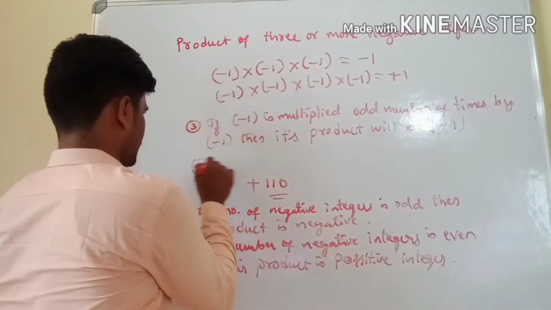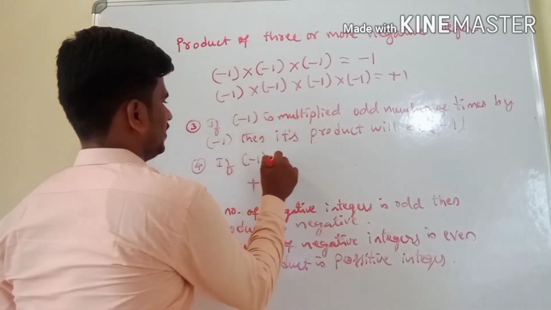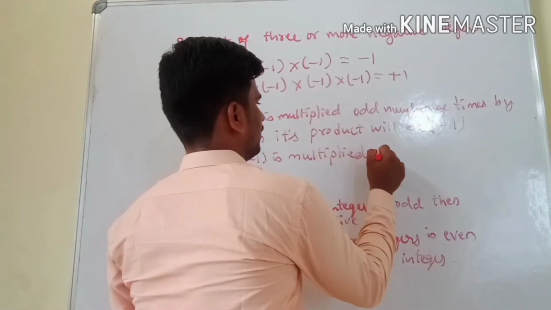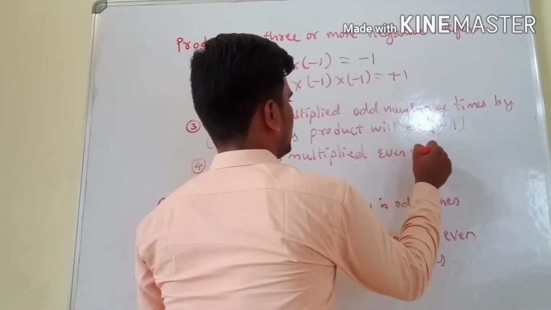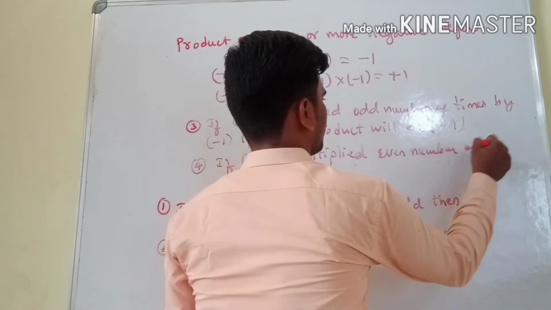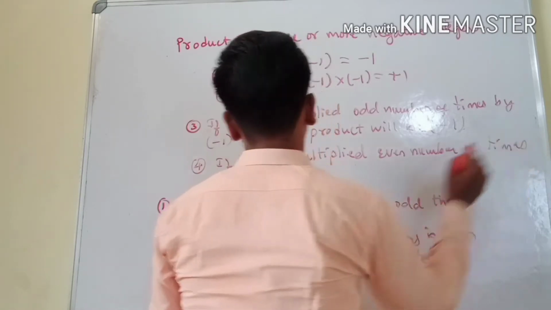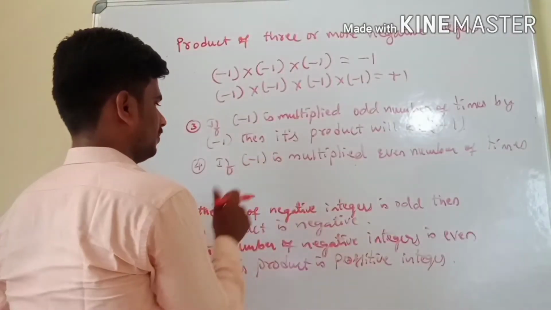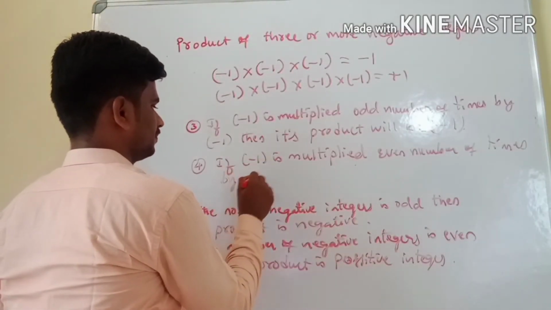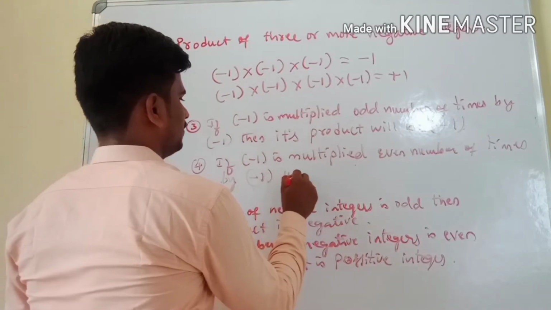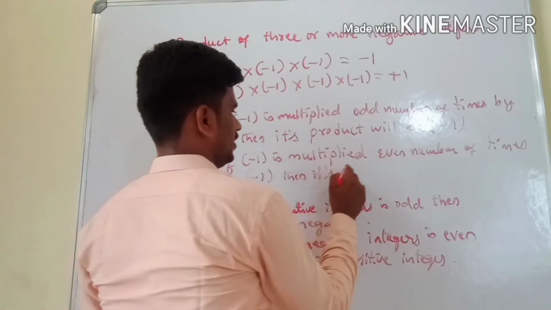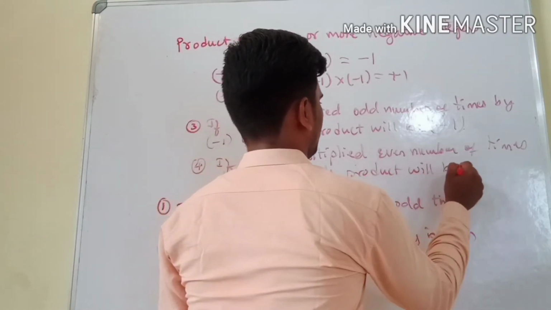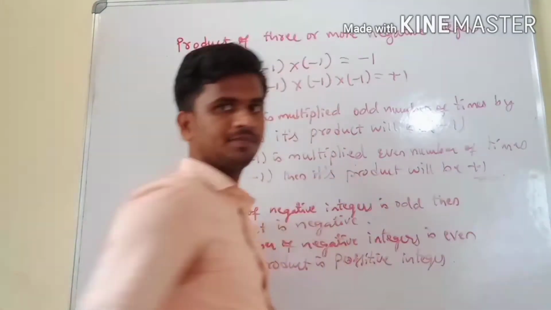Then you can write: if minus 1 is multiplied an even number of times by minus 1, then its product will be plus 1.